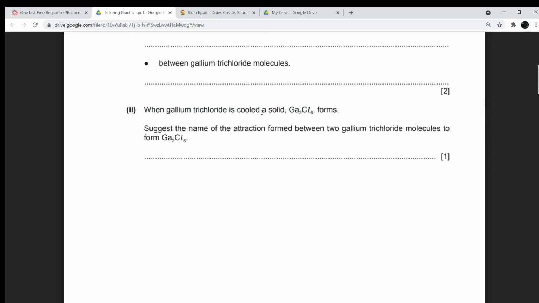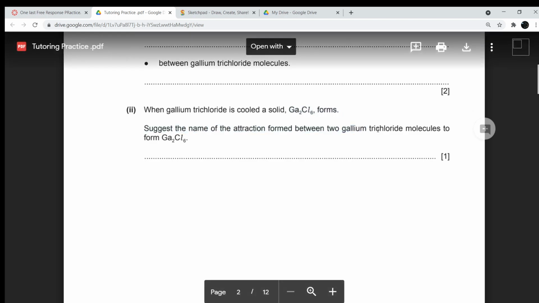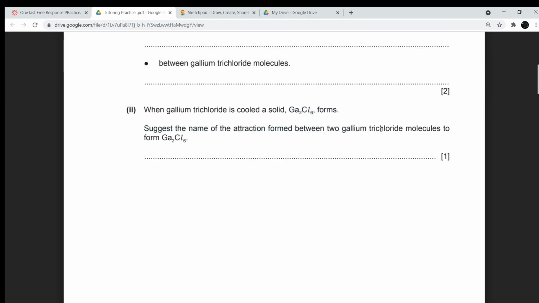Okay. When gallium trichloride is cooled, a solid of it forms. Okay. Gallium 2, chlorine 6. So, suggest the name of the attraction formed between 2 gallium trichloride molecules to form gallium 2,6. Okay. So, unfortunately, this one is a straight memorization.